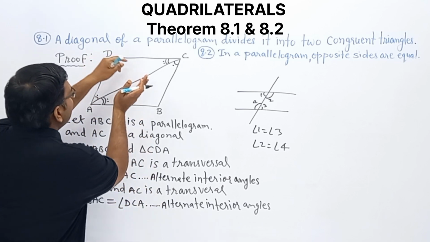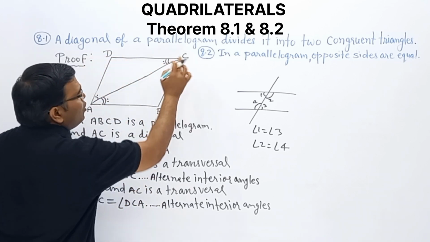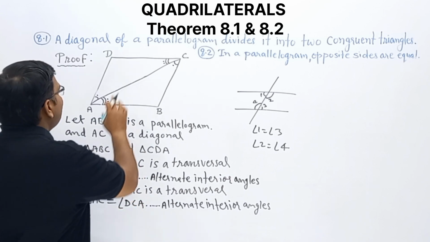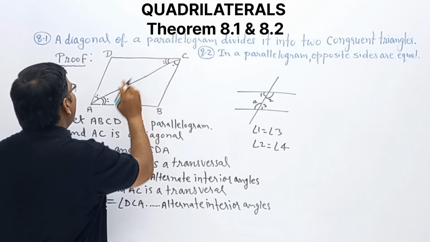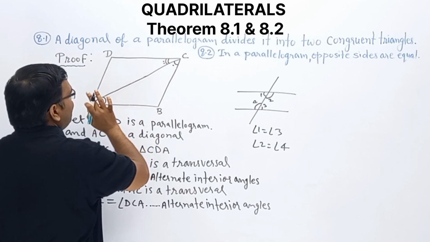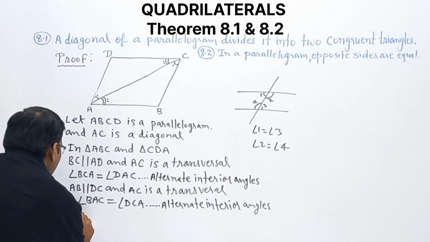So in both triangles, observe carefully, AC is common. Yes or no? Triangle ABC has AC, and triangle CDA also has AC. So what can we say?